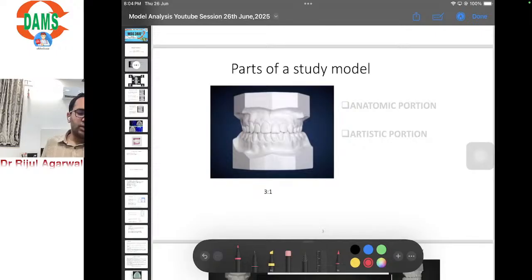So what are the parts of a study model? There are two parts. One is the anatomic portion, the next is the artistic portion. The anatomic portion is the one which has all the teeth, mucosa and all the anatomic structures present in it.